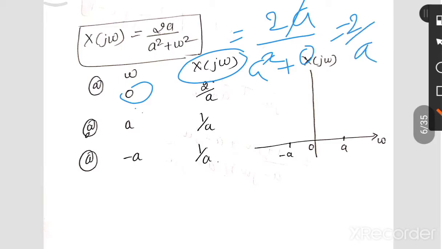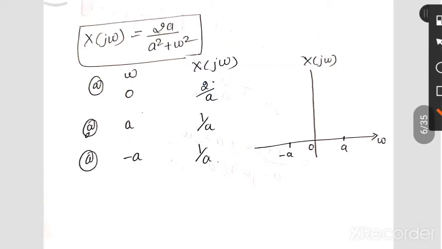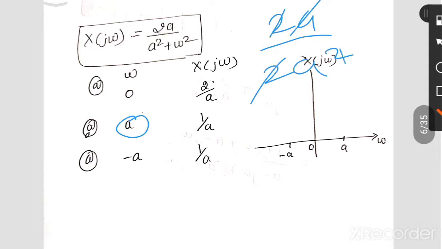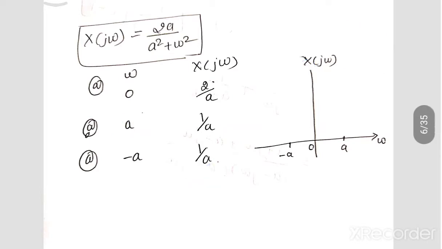That value we get. When at omega equal to a, then what's the value of X of j omega here? It will be 2a divided by a square plus omega square is a square. So 2a divided by 2a square. 2 gets cancelled. It is nothing but 1 divided by a. Similarly, minus a when you substitute, it will be 1 by a.